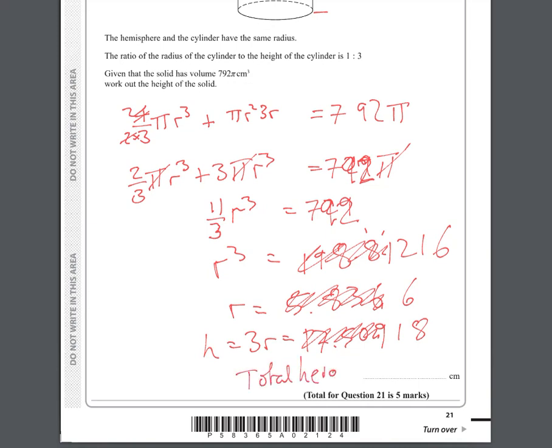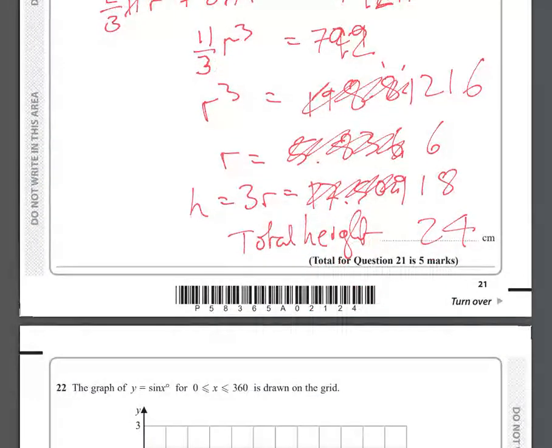Now, how did I know that I'd got something wrong? Well, it doesn't say a degree of accuracy here. It doesn't say to 1 decimal place or 3 significant figures, so that gives me a clue that it's a whole number. So then it's just a case of working out where you've gone wrong.